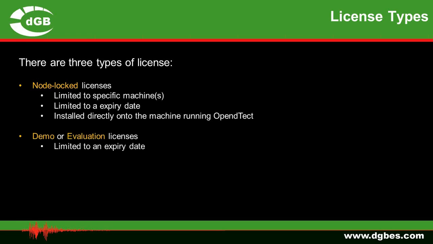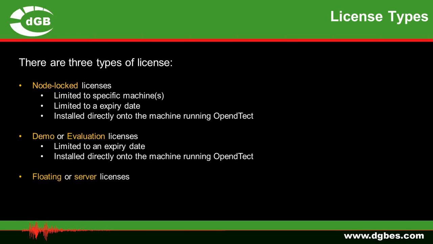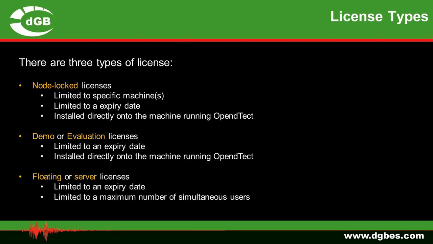These are limited to an expiry date and are also directly installed onto the machine which is running OpendTect. And finally, there are floating or server licenses. These are limited to an expiry date and to a maximum number of simultaneous users. And these can be used from any machine which has access to a specified server delivering and managing that license.